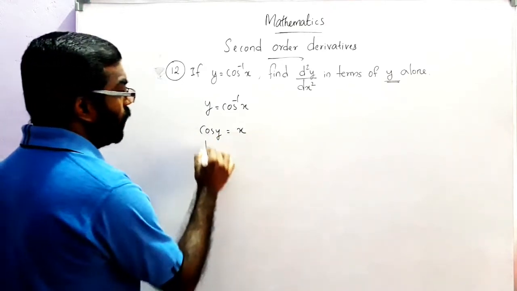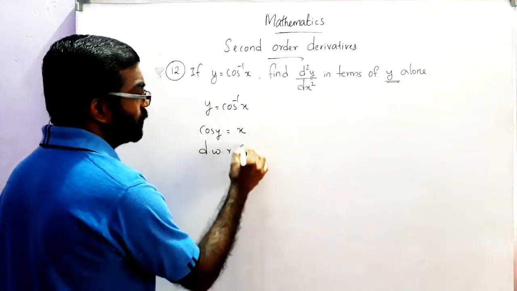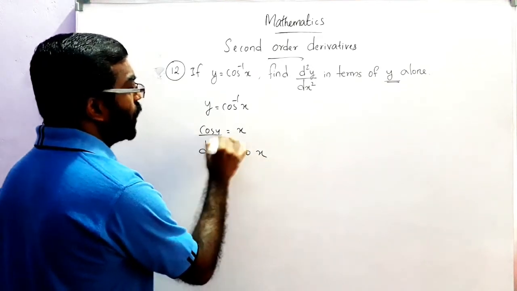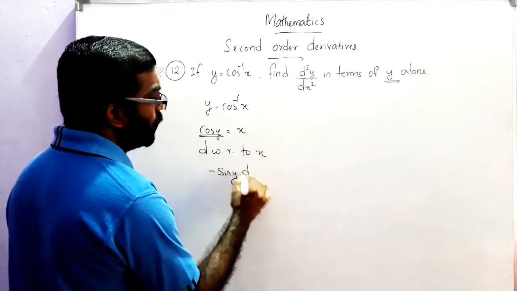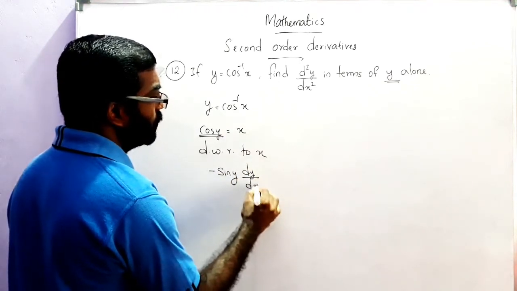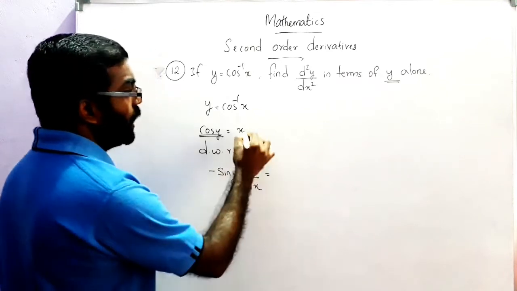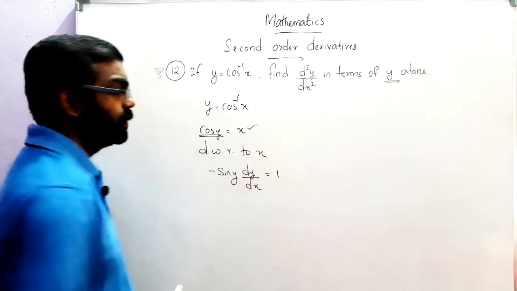Okay, now we can differentiate with respect to x. Derivative of cos y is minus sin y into dy by dx, which is equal to, and derivative of x is 1.